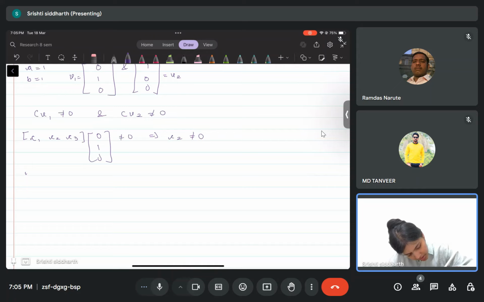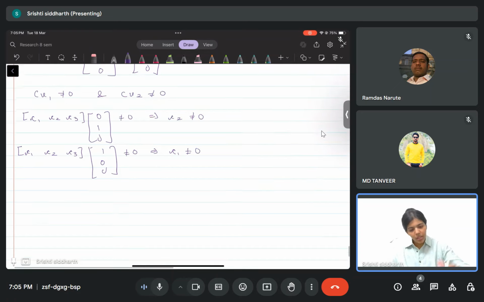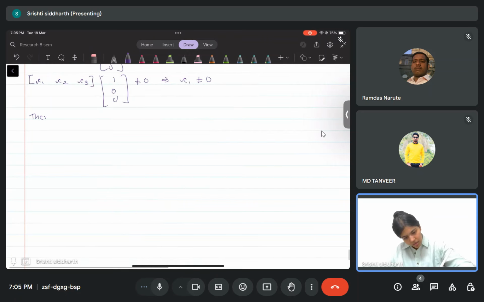Similarly, we have C1, C2, C3, and this should be non-zero, which implies that C1 should be non-zero. So observe that we have no condition on C3 such that C times V is non-zero.